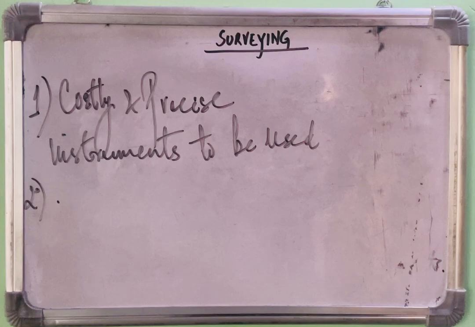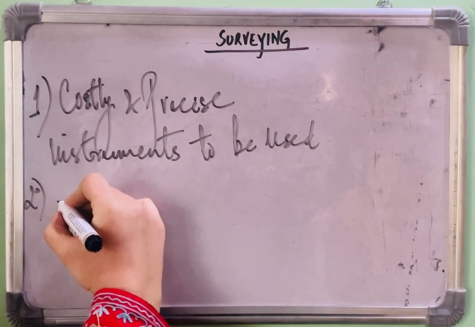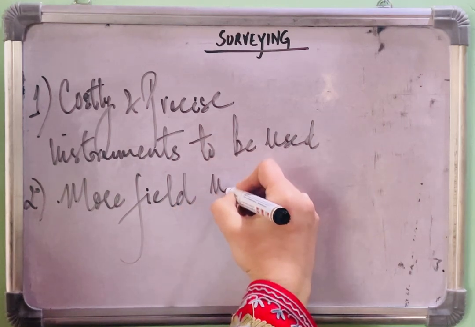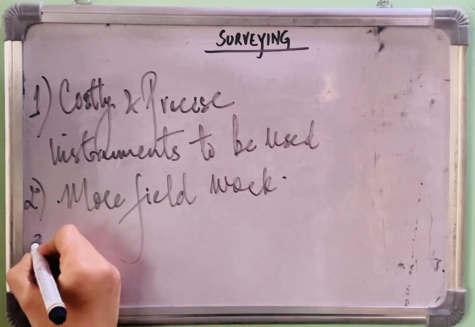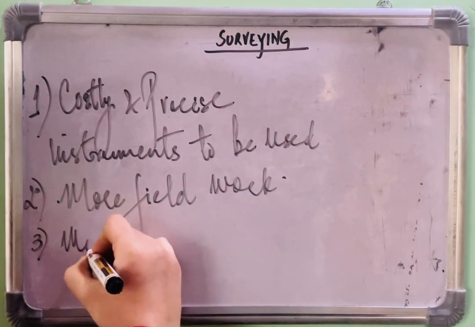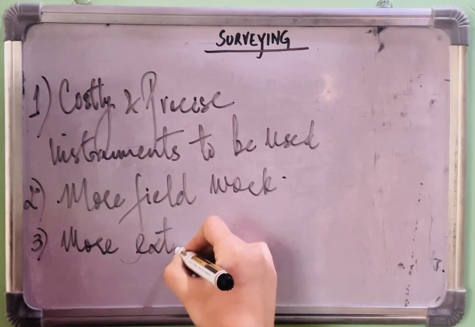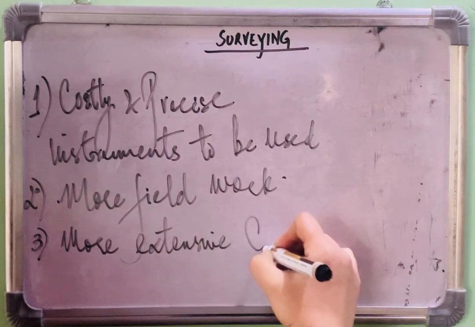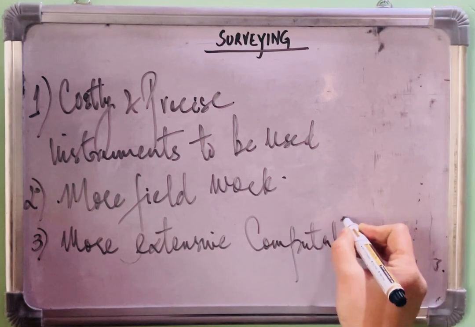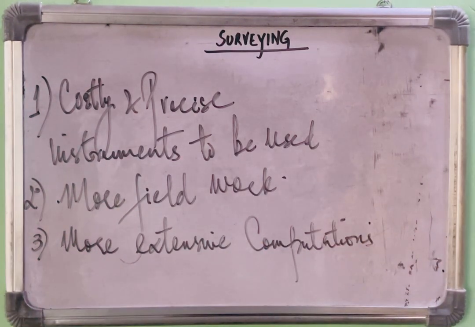In addition to this, more field work needs to be done and more extensive computations need to be done as well. Right? So with the increase in accuracy, the cost of surveying will increase rapidly.